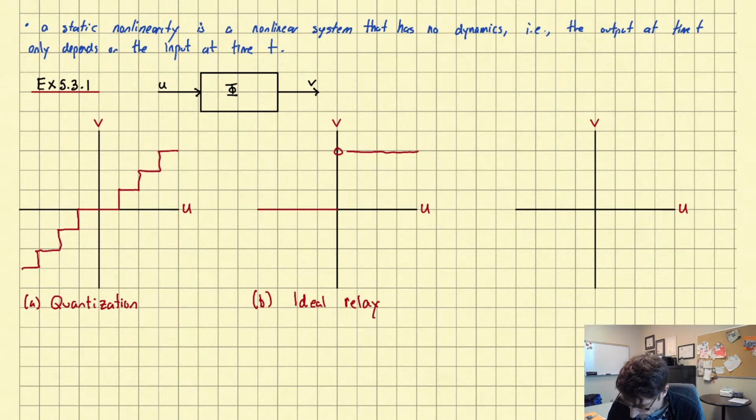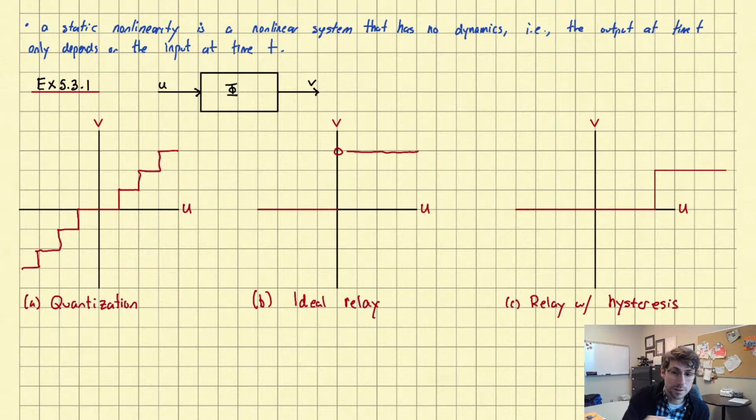And finally, relay with hysteresis. So it's kind of like the ideal relay, except that it has a bit of memory in it, right? So what'll happen is the input has to be sufficiently positive before the output turns on, and stays on.